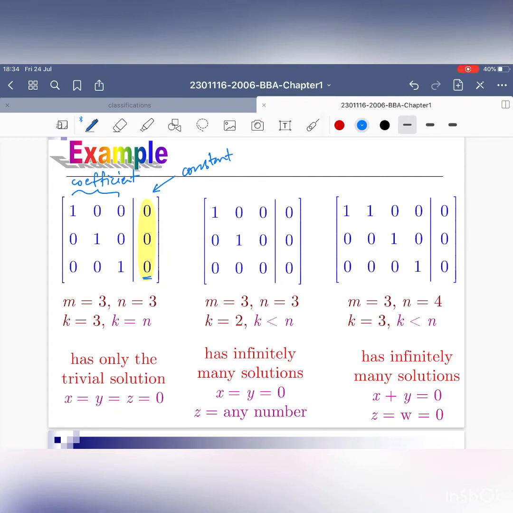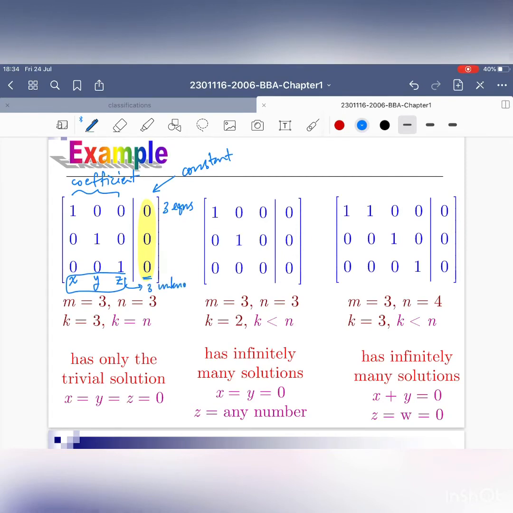Here you have 3 rows, so you have 3 equations, and you have 3 columns of coefficients: the coefficient of x, of y, and of z. So you have 3 unknowns.